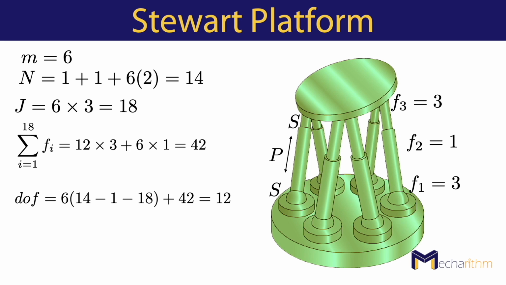So there would be 6 degrees of freedom for the torsional rotations of the legs. And they have no effect on the motion of the mobile platform. Because the top platform can move with full 6 degrees of freedom of a rigid body in space, the Stewart platform is usually used to simulate airplanes.